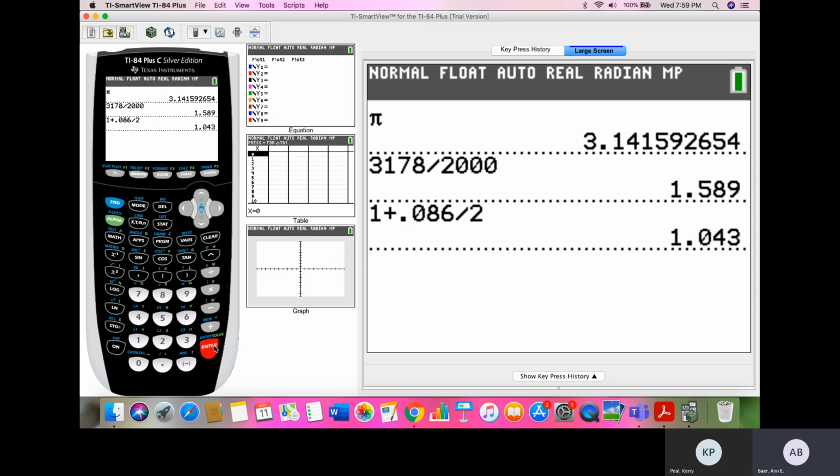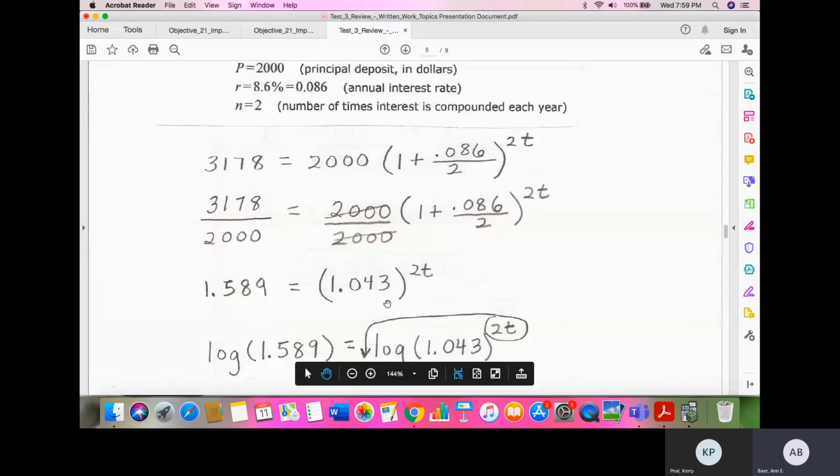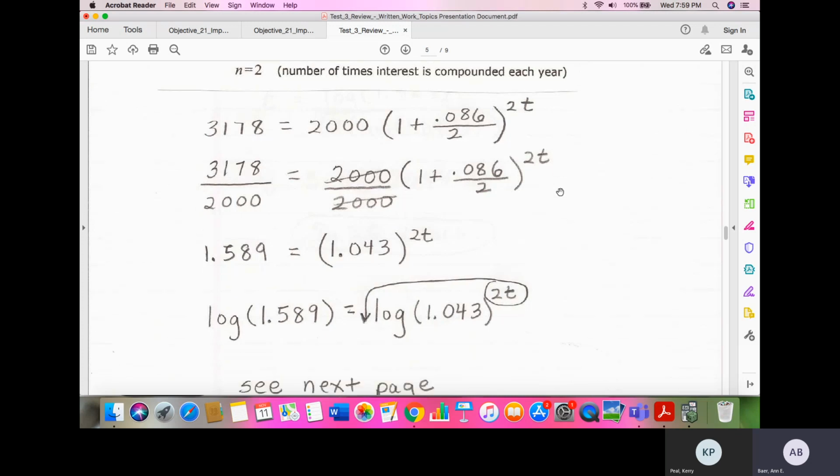And I got 1.043. So going back, I put that in here. And then we need to raise that to 2t.